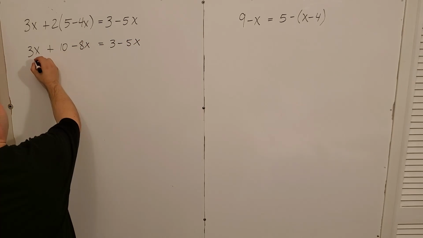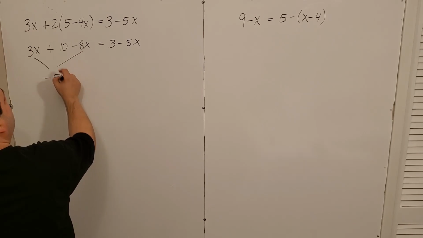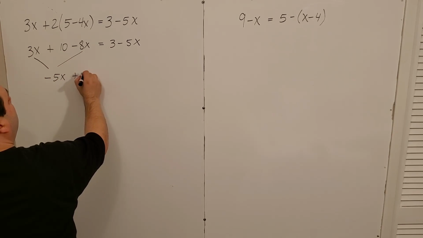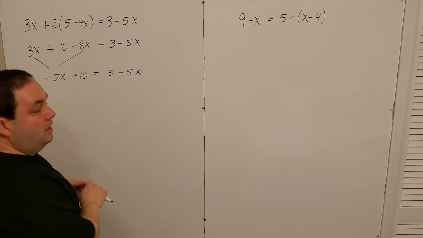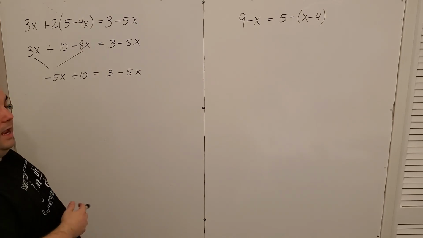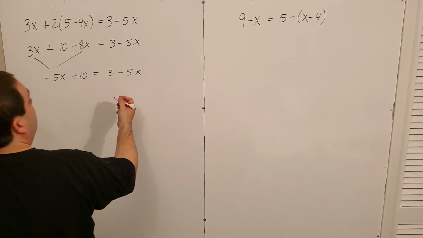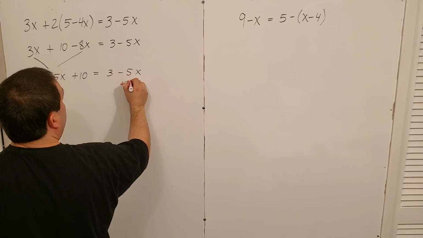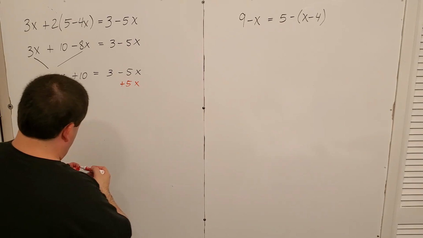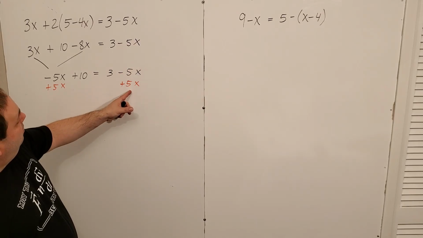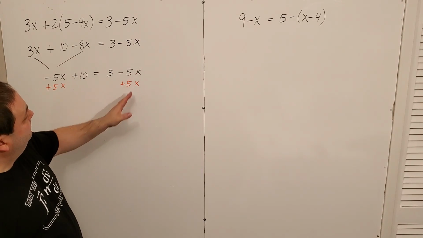I'm going to combine the 3x and the minus 8x to give me negative 5x plus 10. And then I'm in my situation where I want to have all my letters on the left. So in doing so, I am getting rid of the 5x that's on this side.